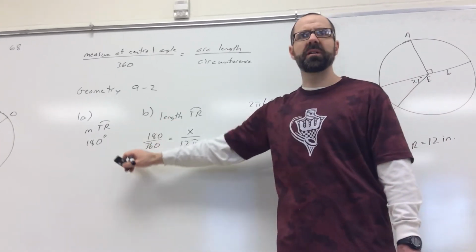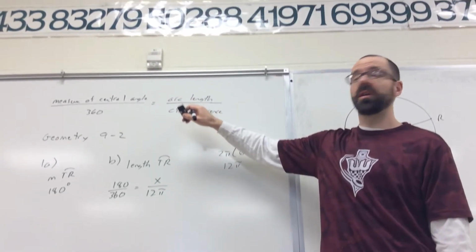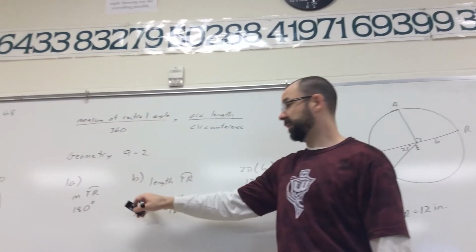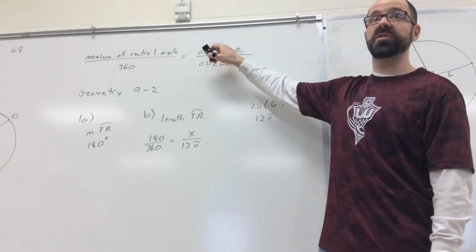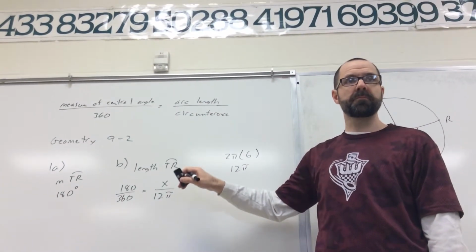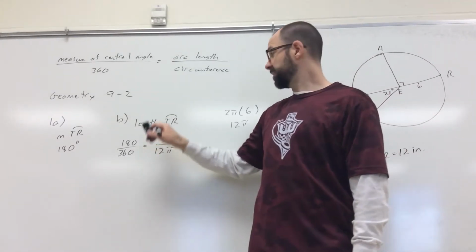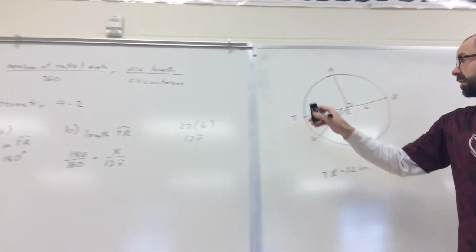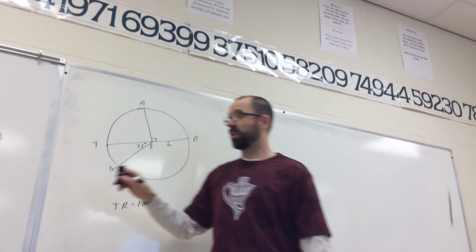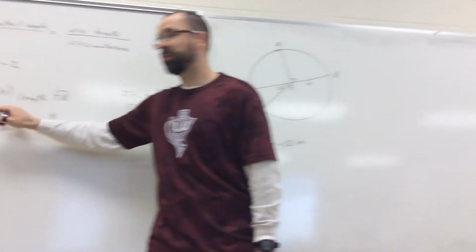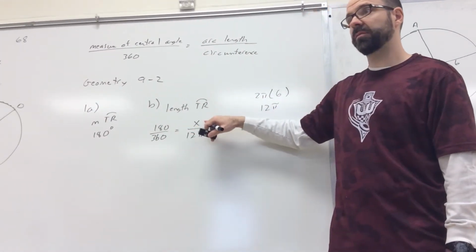So this is just going with the formula from the note card. The central angle is 180, and the circumference is 12 pi. And what I'm looking for is the arc length. But the idea is that since TR is half the circle, then we want to take half of the circumference to get the length of it.